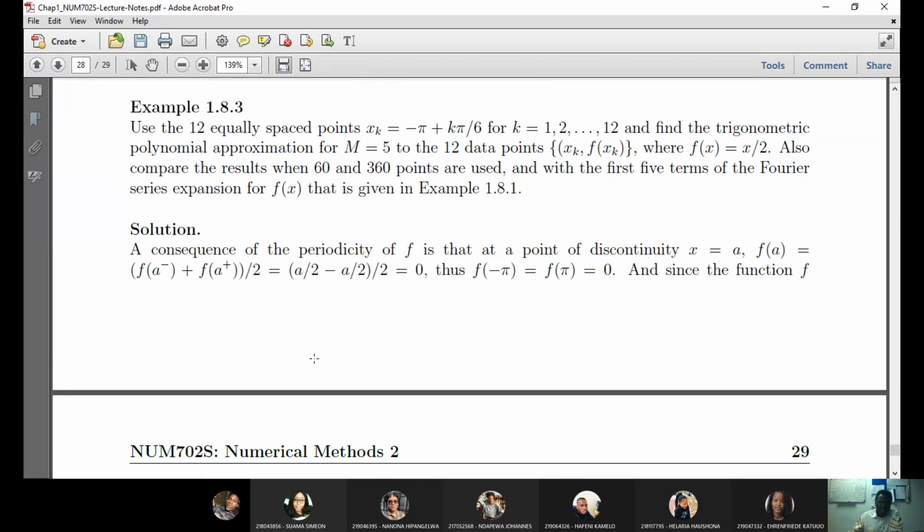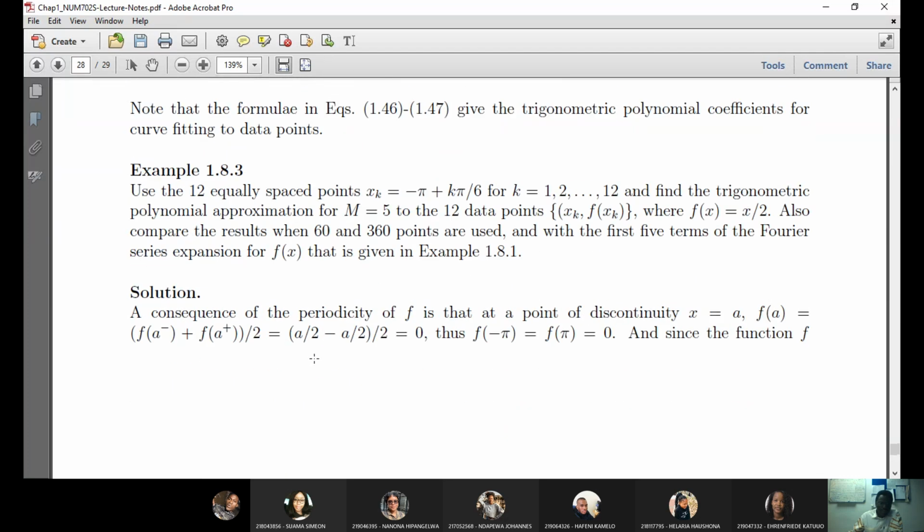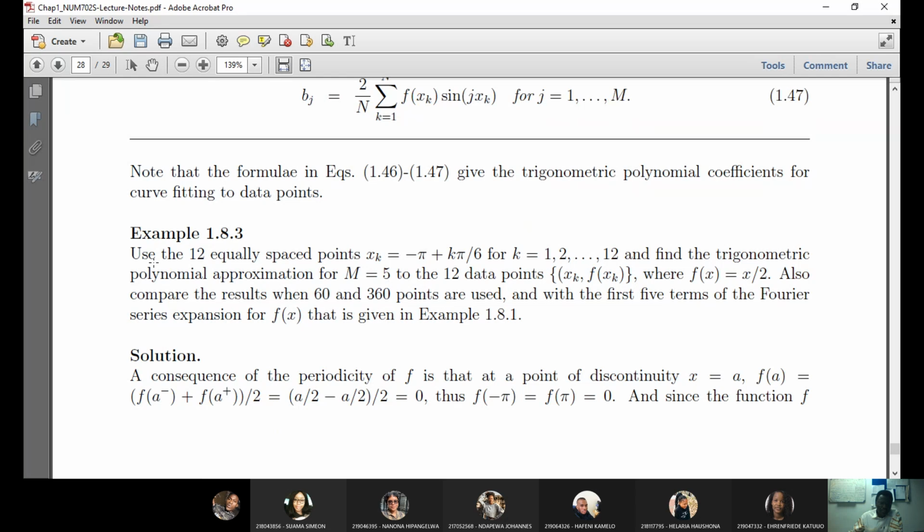Okay, now let us look at an example. We want to use 12 equally spaced points, k equal to 1, 2, 3, up to 12.